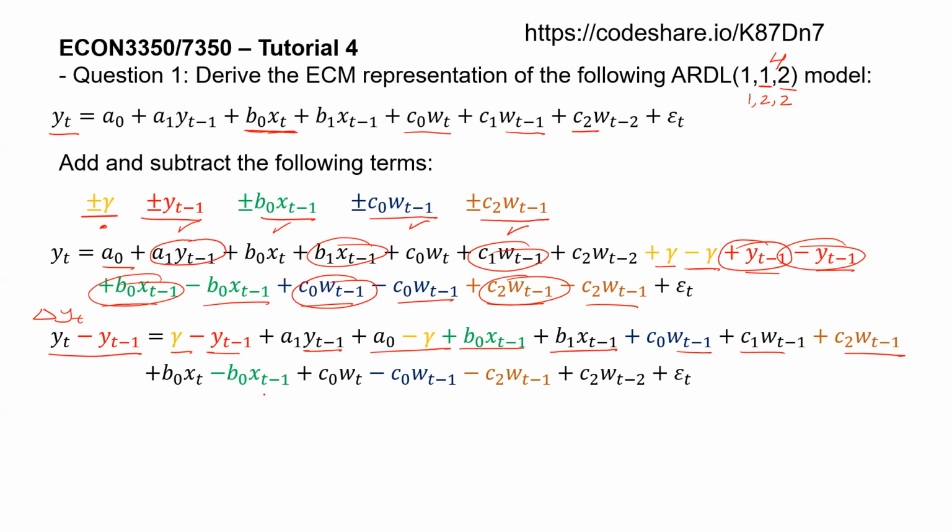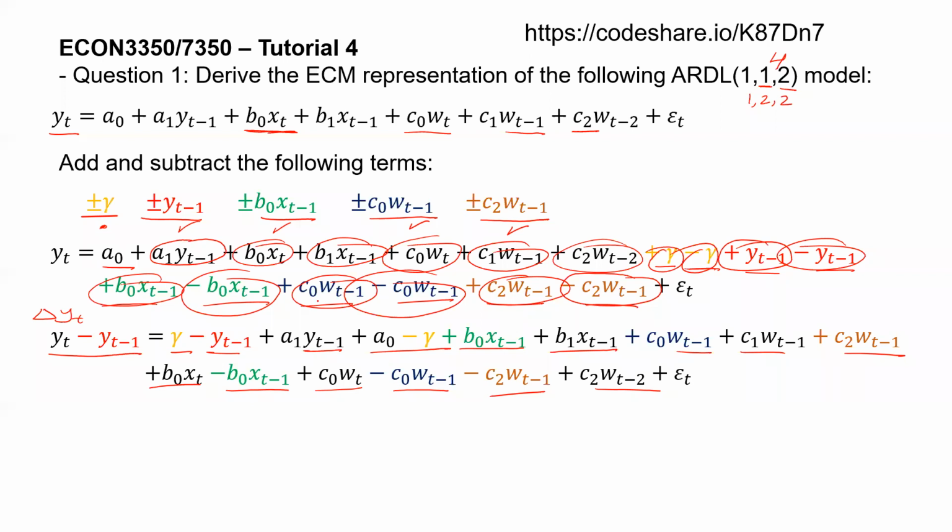And afterwards, I'm going to group by coefficients. If you notice, let me select this to note the terms that I'm already using, the terms that are common here are beta 0, c0, c2. So I'm going to group by coefficients: b0 xt, negative b0 xt-1, c0 wt, negative c0 wt-1. And in here, I have negative c2 wt-1 plus c2 wt-2.